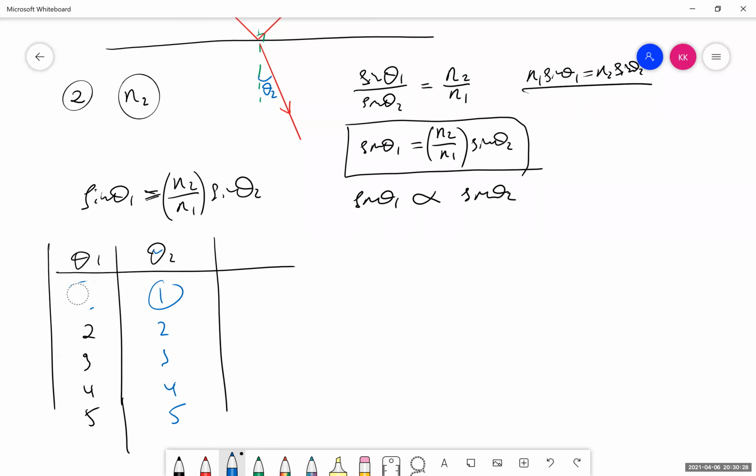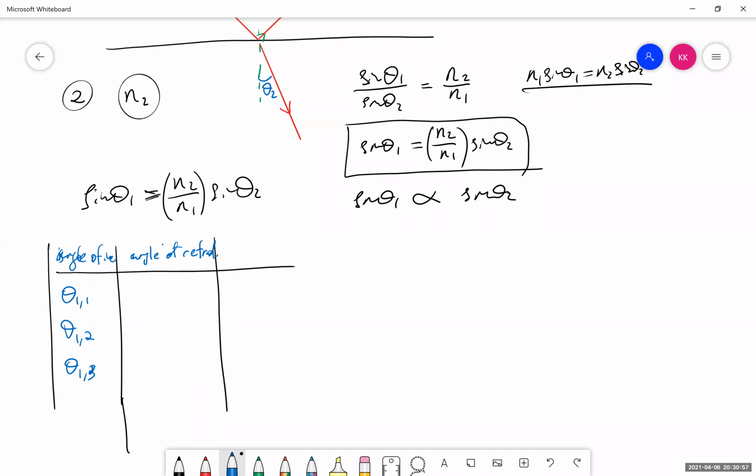So let's say if I do it like that, angle of incidence, and this one, angle of refraction, like this. And then we get trial 1, right? So theta 1 trial 1, theta 1 trial 2, theta 1 trial 3.